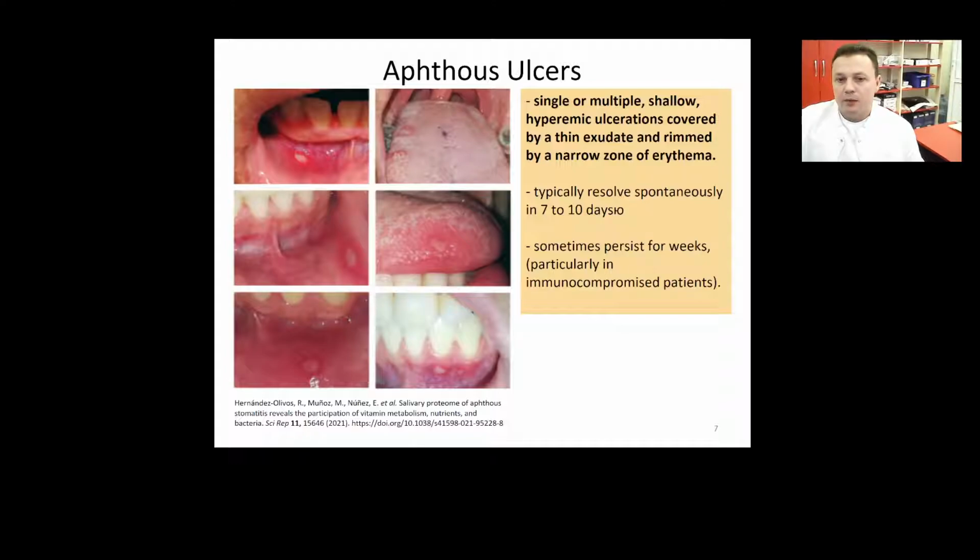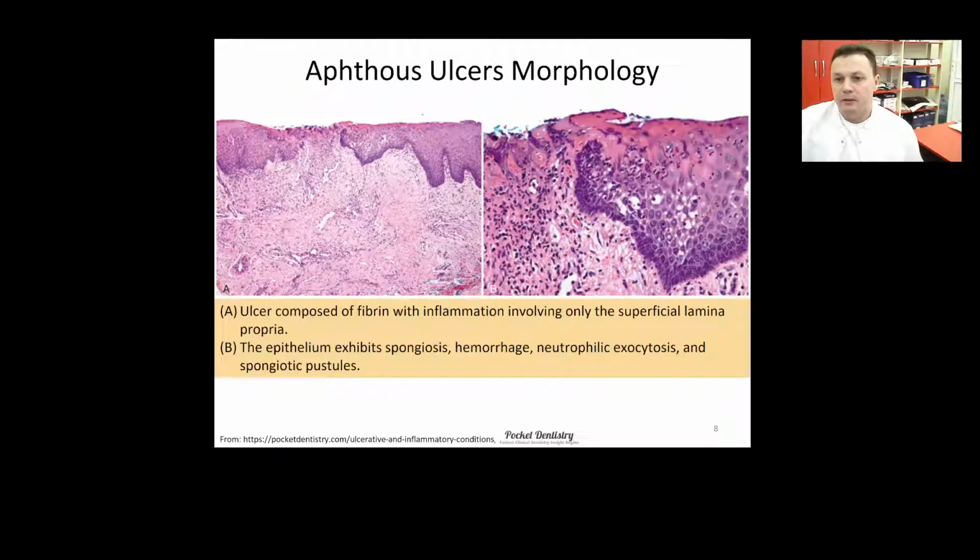The lesions appear as single or multiple shallow hyperemic ulcerations covered by a thin exudate and ringed by a narrow zone of erythema. The lesion typically resolves spontaneously in 7 to 10 days, but may sometimes persist for a week longer, particularly in immunocompromised patients.